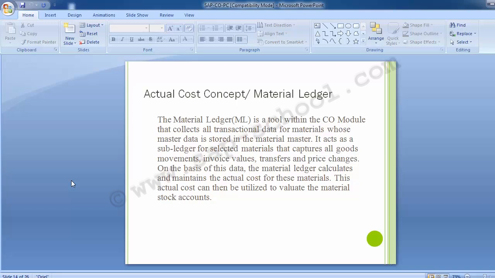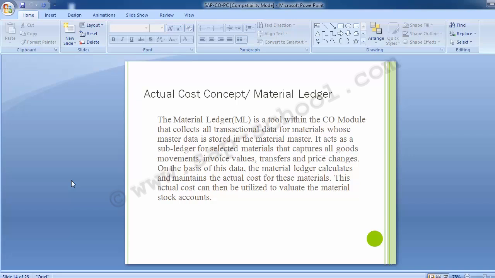On the basis of this data, the material ledger calculates and maintains the actual cost for these material masters. This actual cost can then be utilized to evaluate the material stock accounts.